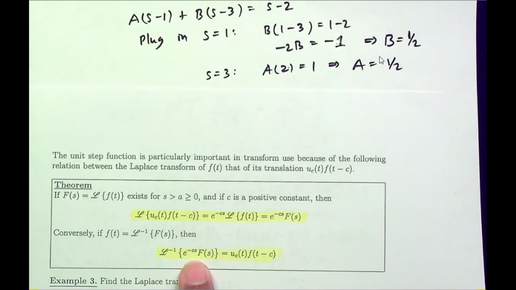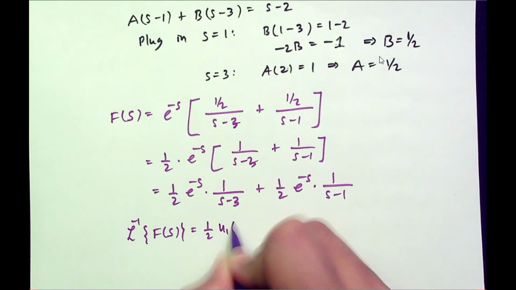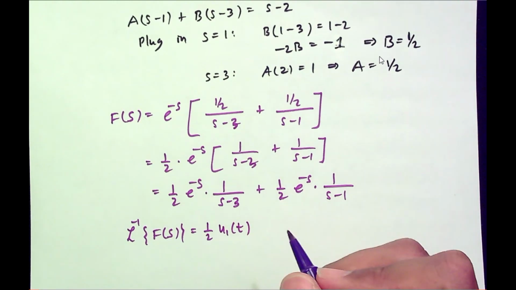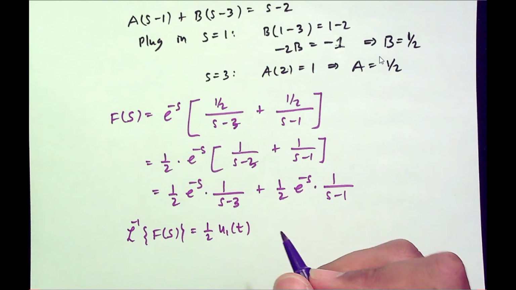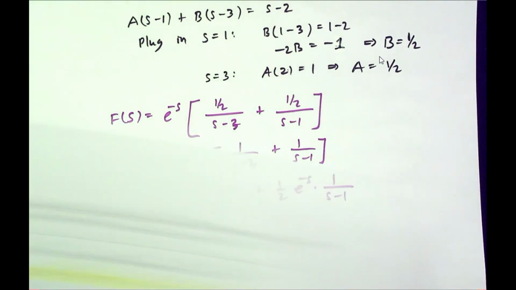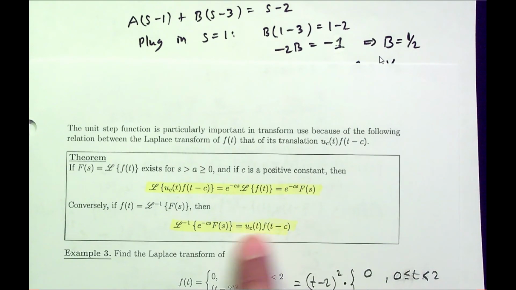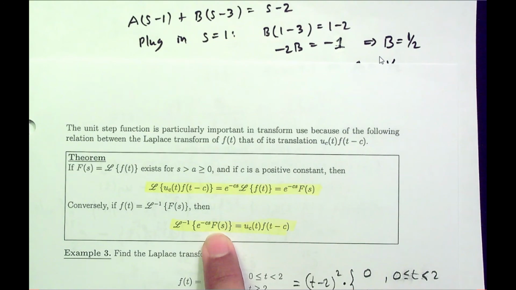So this is going to be u1 times the Laplace inverse of this, that's what the formula tells us, times the little f, the Laplace inverse of that, but not evaluated at t, evaluated at t minus c.